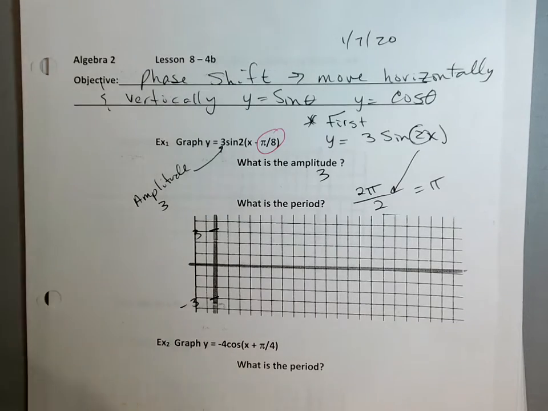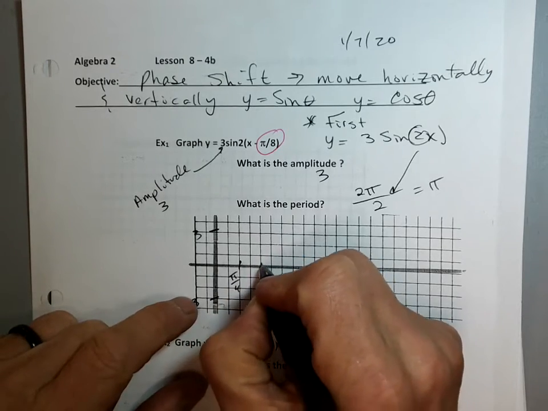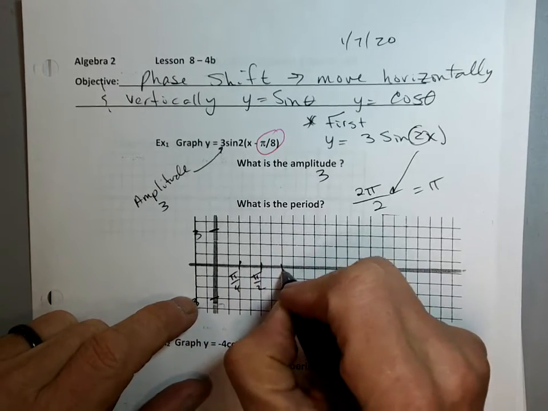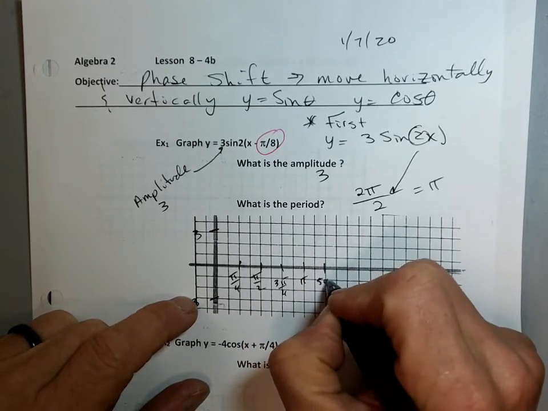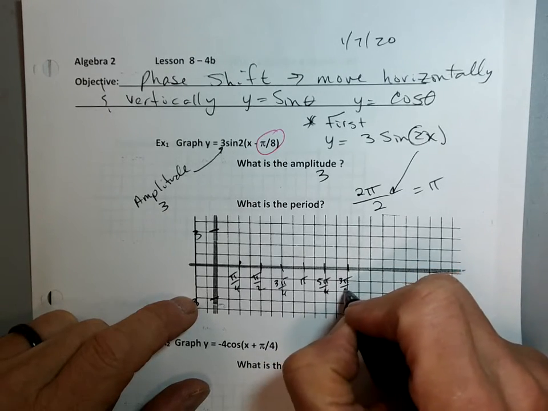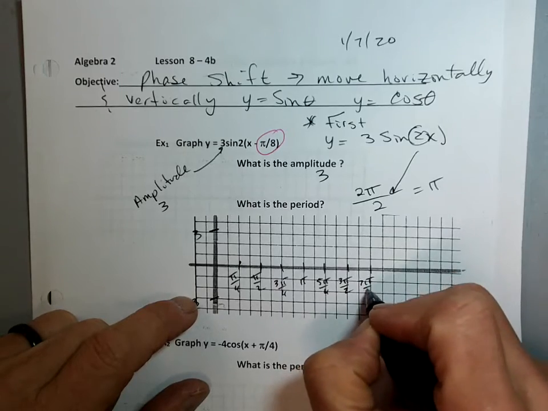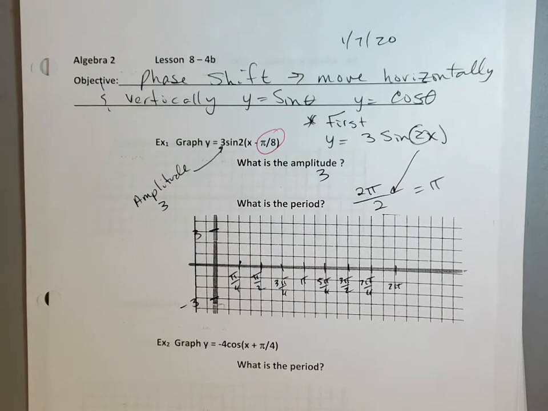So I'm going to put down my normal, so I'm going to go pi fourths, I'm going to put down pi halves, 3 pi fourths, pi, 5 pi fourths, 3 pi halves, 7 pi fourths, and 2 pi. So I'm just putting down, from what we did yesterday, the main angles. The angles pi fourths, pi halves, 3 pi fourths, pi, 5 pi fourths, 3 pi halves, 7 pi fourths, back to 2 pi, okay? Now, those are my points.